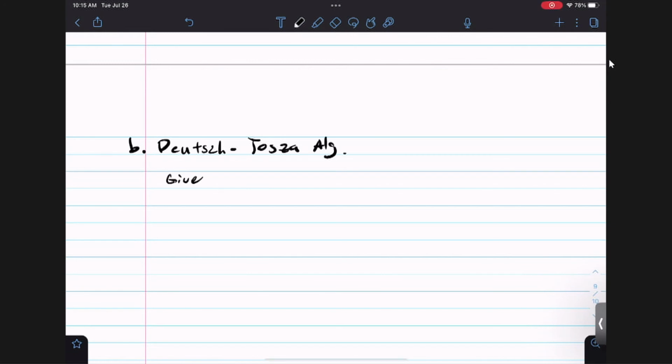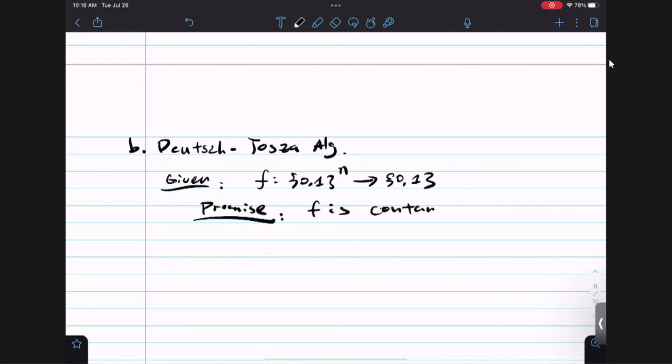So here, we consider a function from n bits to 1 bit. And then we have the promise that either f is constant, meaning all outputs are the same, or it's balanced, meaning exactly the same number of inputs get mapped to 0 or 1.